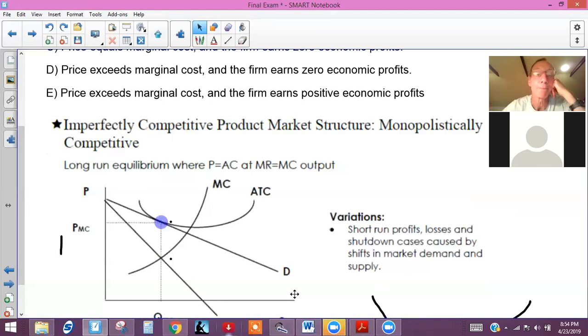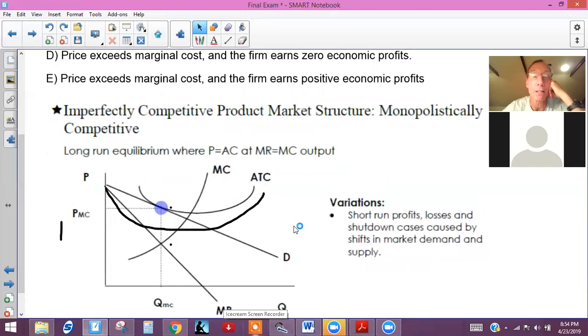So what would happen if the average total cost curve was here? What would happen over time in this case is that firms would come into the market and cause the demand curve to shift down, because as consumers would have more choices, each individual firm's demand would shift.